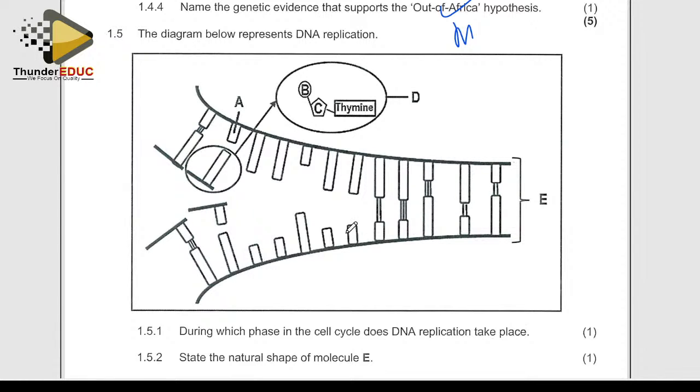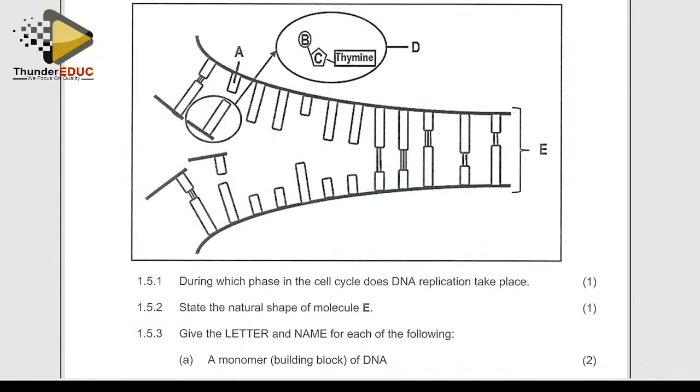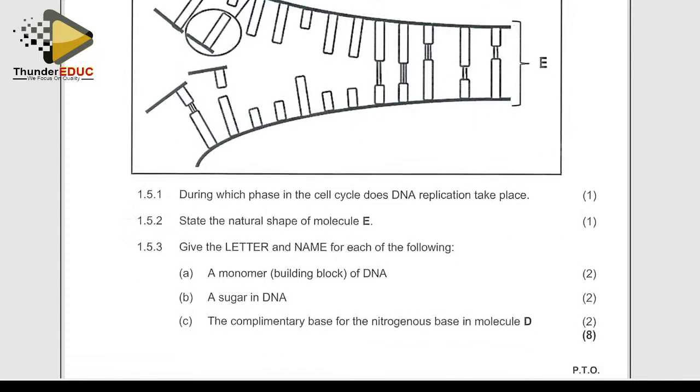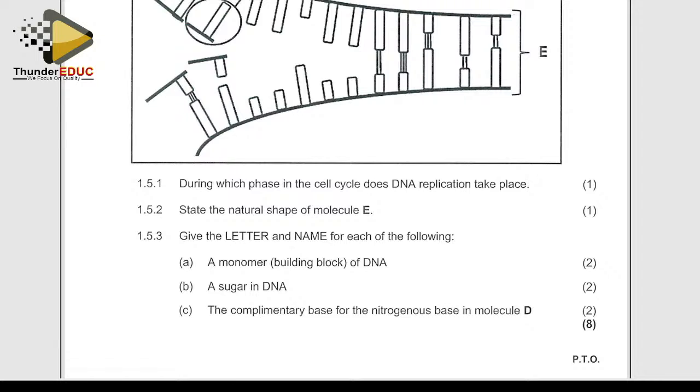They're saying the diagram below represents DNA replication. We did this several times. During which phase in the cell cycle does DNA replication take place? Those questions I told you yesterday are what exactly they brought here. During which phase of the cell cycle? It is during interphase. They're asking the natural shape of DNA.